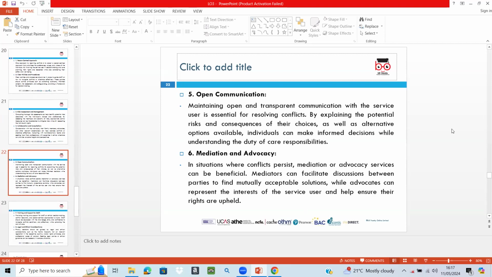Right. So in this slide, we have to discuss open communication, mediation, and advocacy.